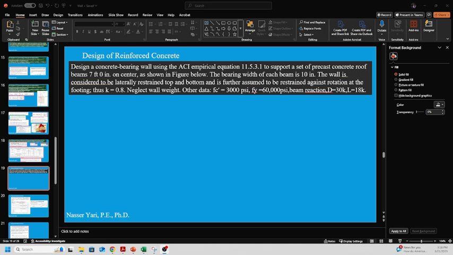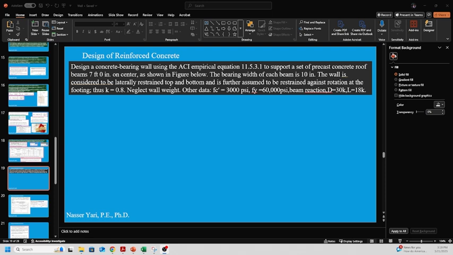The wall is considered laterally restrained at the top and bottom, so our K is equal to 0.8, and it is restrained against rotation. Neglect the wall weight. f'c is equal to 3000 psi, steel is 60,000 psi, and the beam reaction shares are dead load 30 and live load 8 kips.